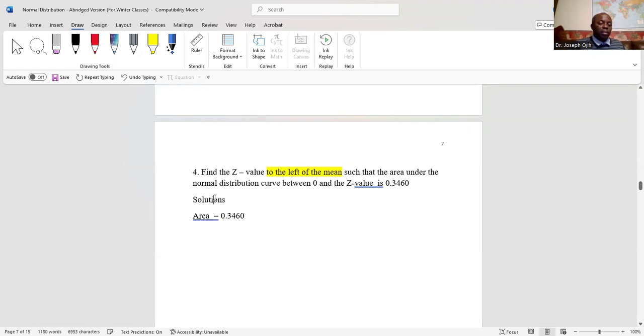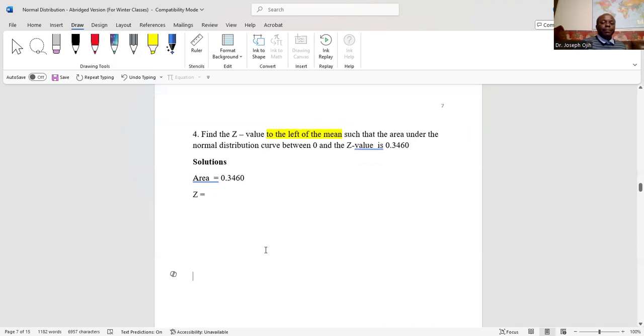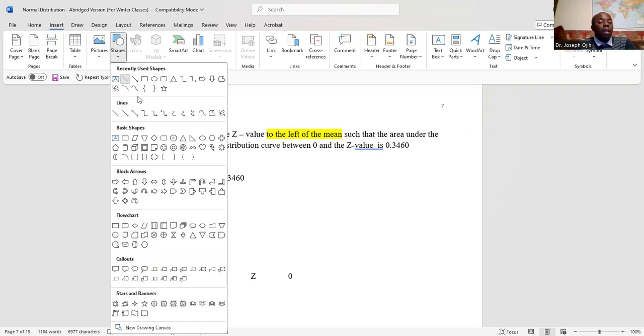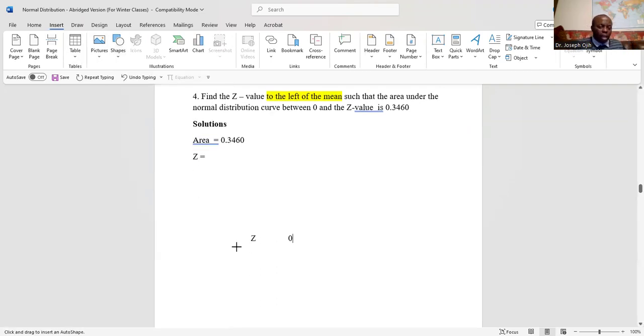Now we can make it to the left of it. We are looking for z. I say find the z value to the left, so z will be on the left side. Got 0 here, and we can make our diagram.